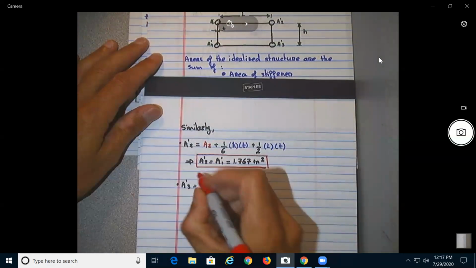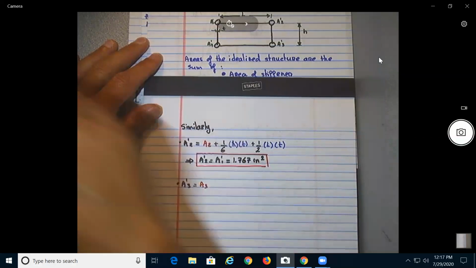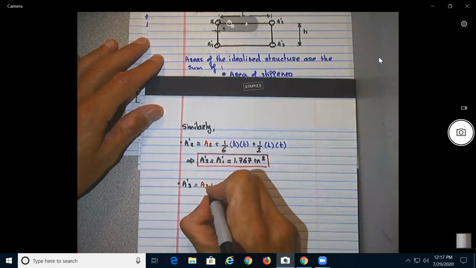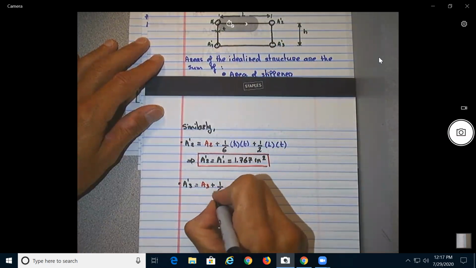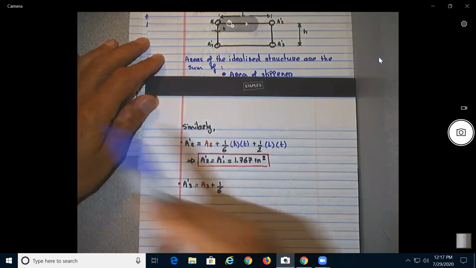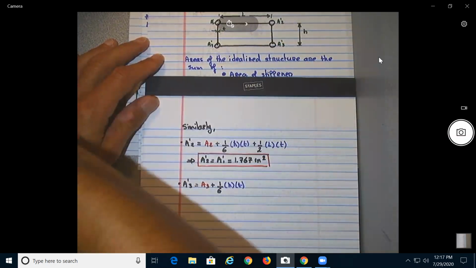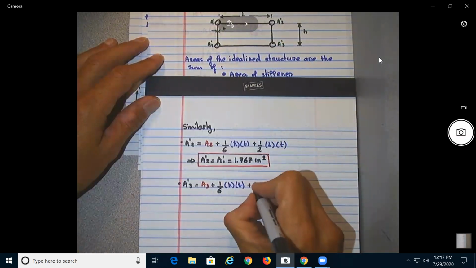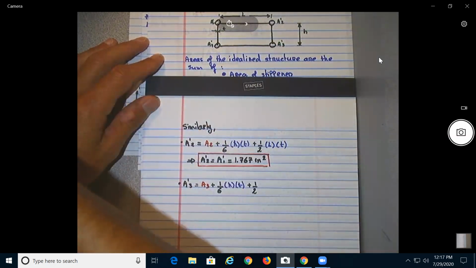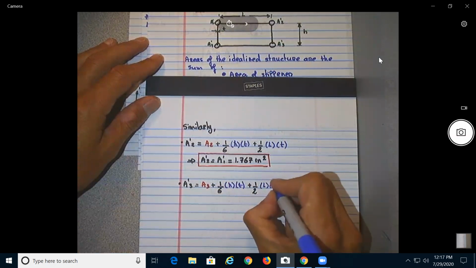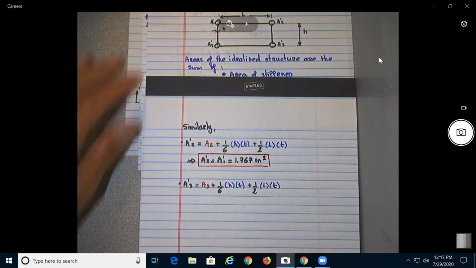A3, what is the vertical member, plus 1/6, so all the rest is the same, HT plus 1/2 LT.